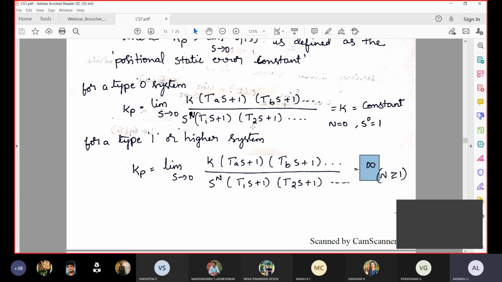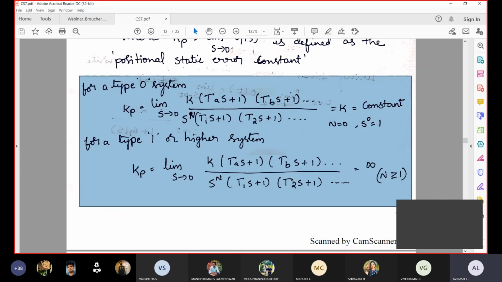The question will be asked like this: what is the value of positional constant for a type 3 system? They will ask you as a multiple choice question in the GATE examination. So what will be your answer? Your answer will be infinity. Okay. So I have taken this one for your understanding.